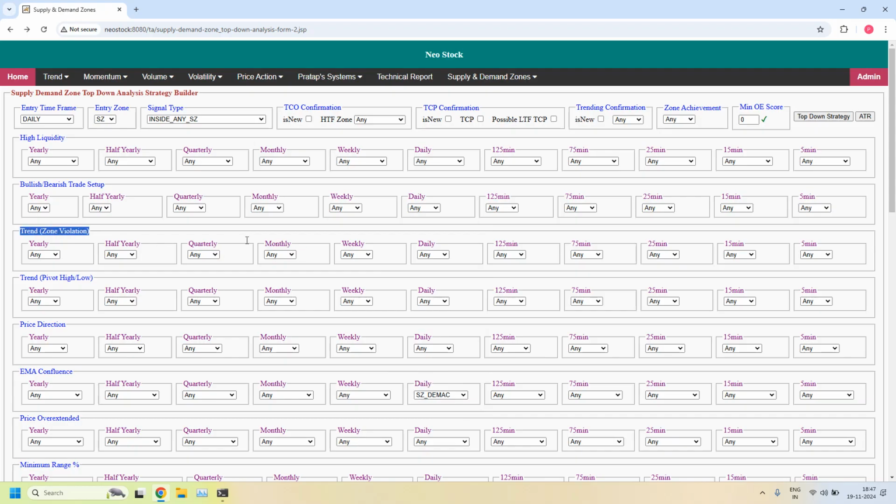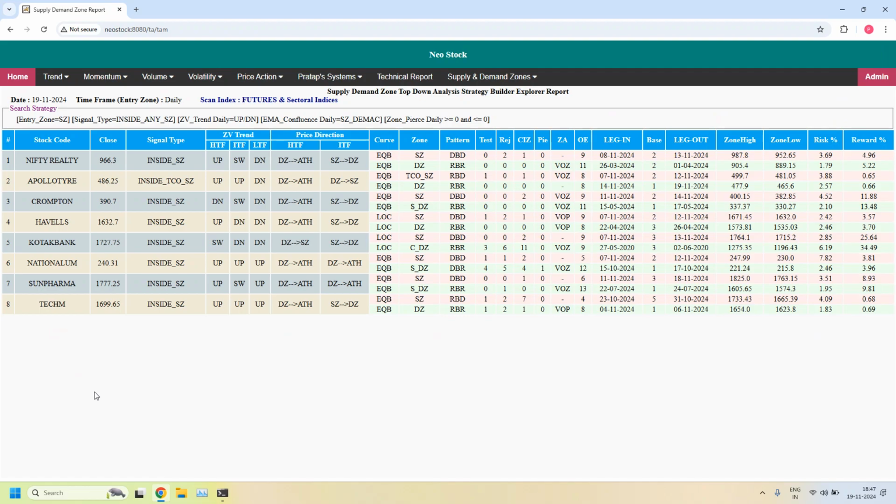So in the trend zone violation trend at daily time frame, I am using up or down trend. With these filters, we got 8 stocks. All these 8 daily supply zones are having a daily EMA Confluence.